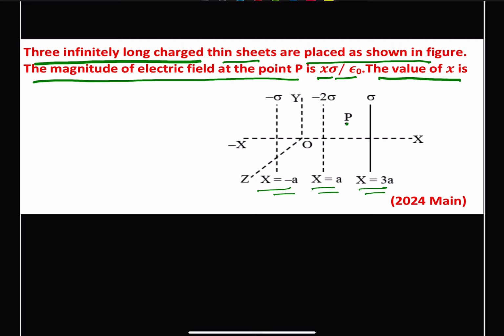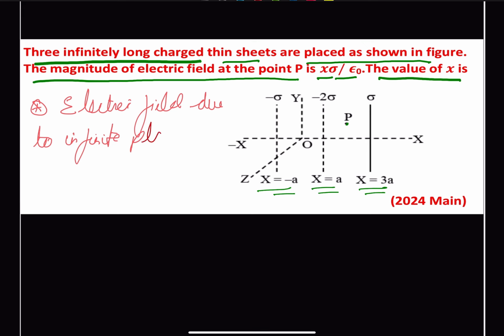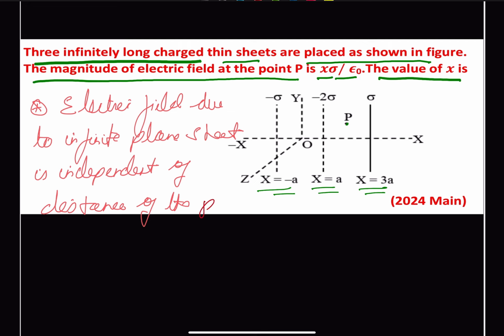So we can say that electric field due to an infinite plane sheet is independent of the distance of the point from the sheet.